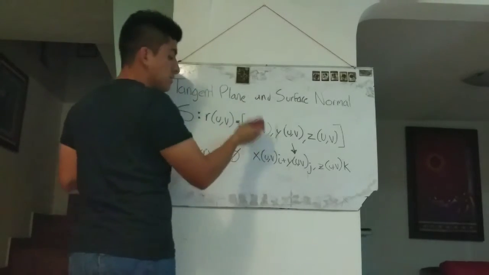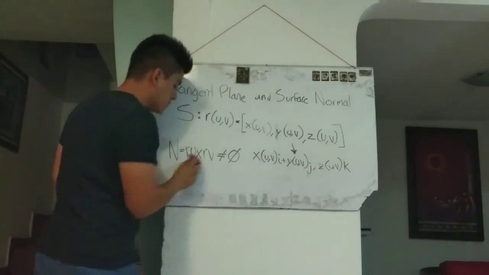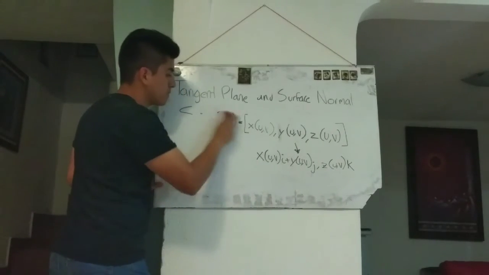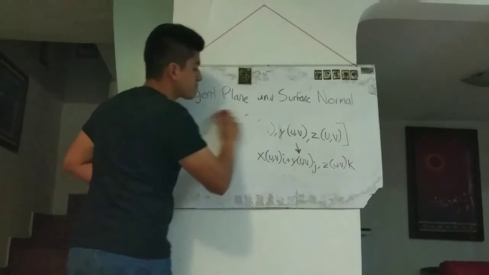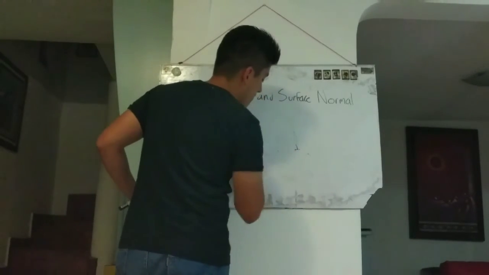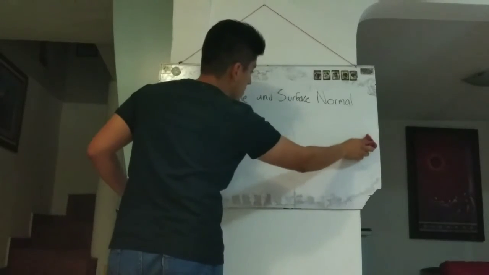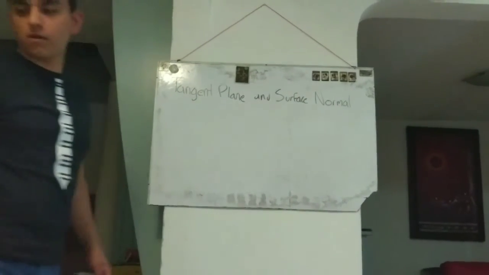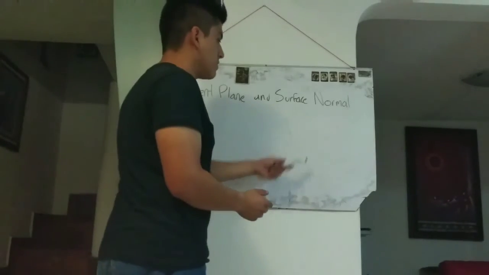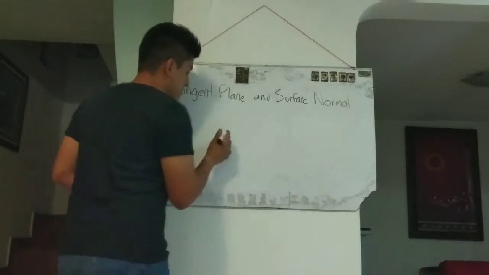I need to make a drawing, so I'm going to erase this. If ru and rv are continuous, and we have our surface defined by this, then this is going to be our surface.